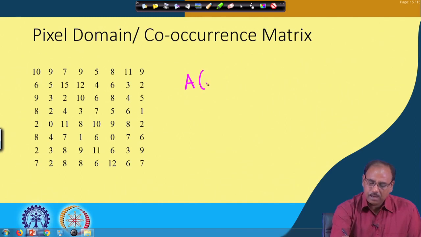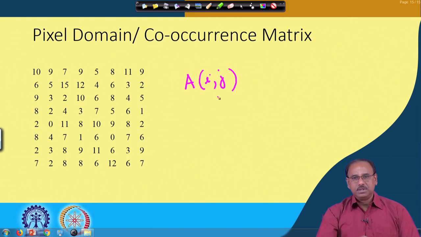a i j, where i may vary from 0 to 15, as I have said that the minimum intensity value in this image is 0 and the maximum intensity value is 15. Similarly, j also varies from 0 to 15. So, effectively I have a co-occurrence matrix A of dimension 16 by 16, with 0 to 15 for each of i and j.